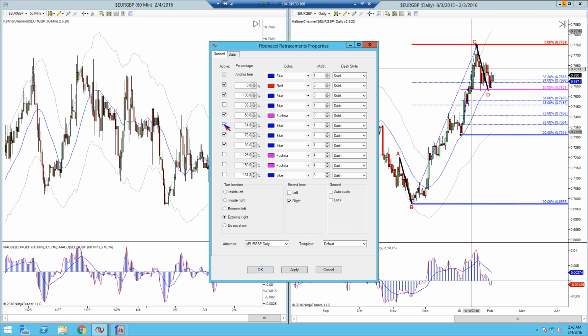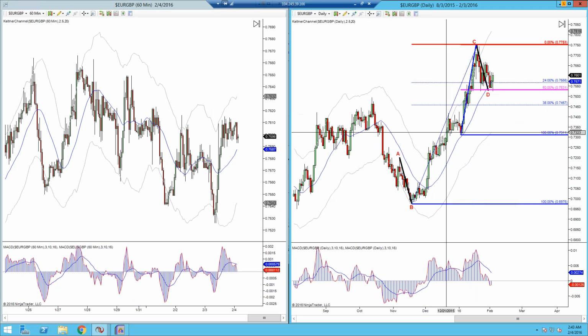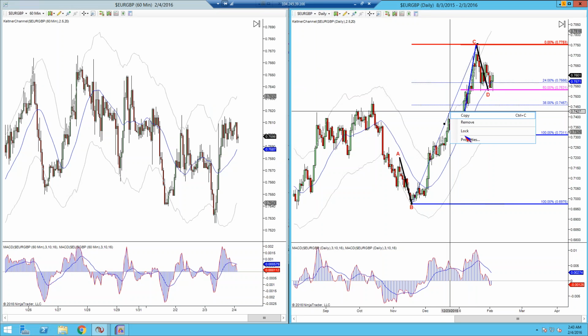Okay, we got that. I get rid of all this, and let's put some value in there. So I want to show you how I set up trade ideas, what I look at when I look at them. It's called a little market geometry.